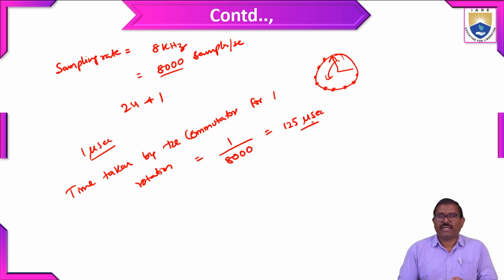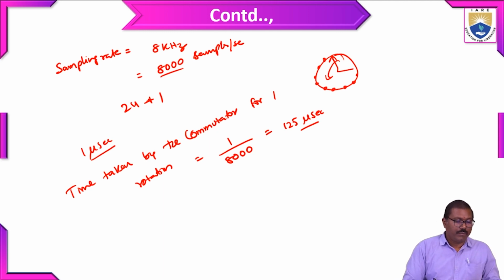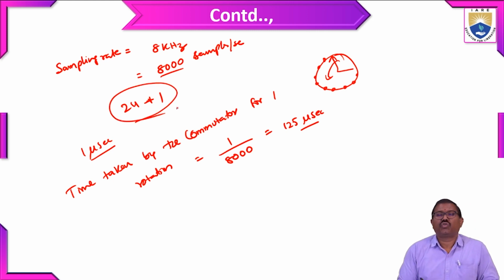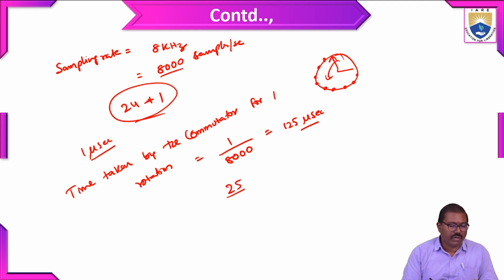And the number of pulses produced in one rotation is nothing but 24 plus 1, so 25 pulses are produced for one rotation.